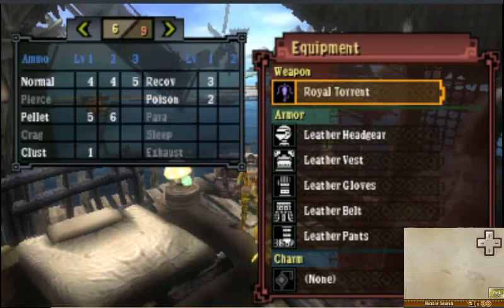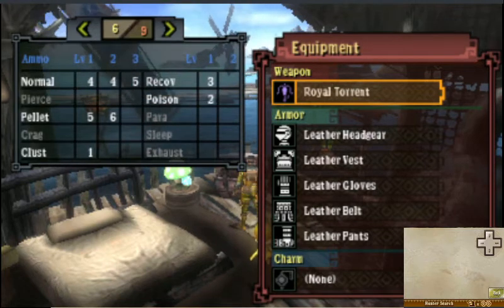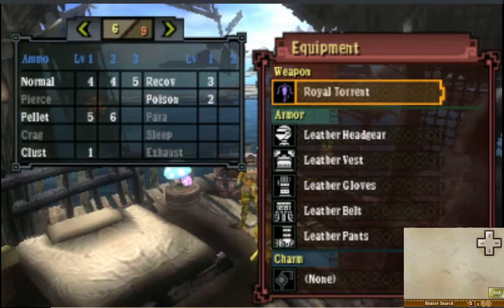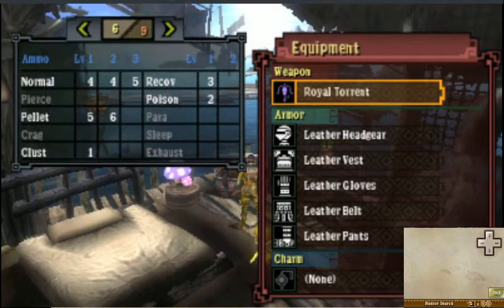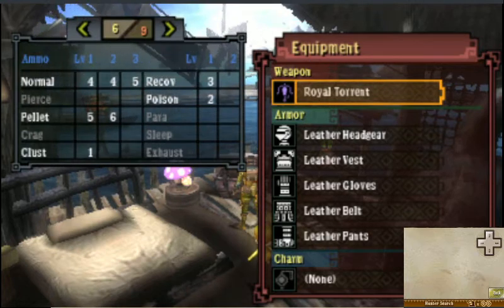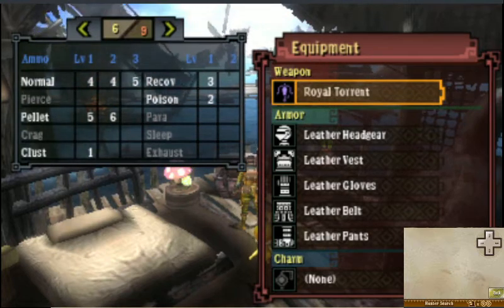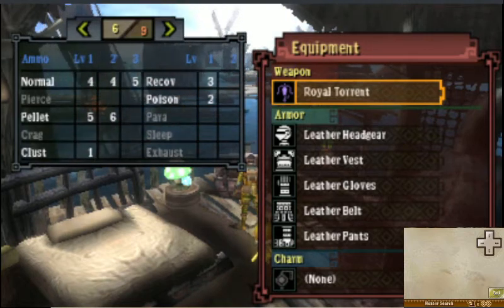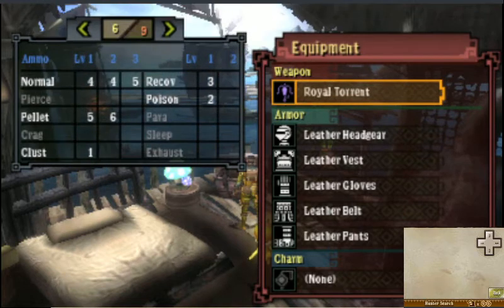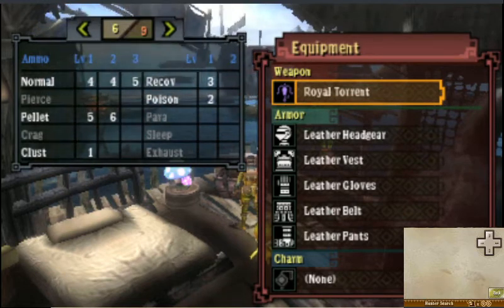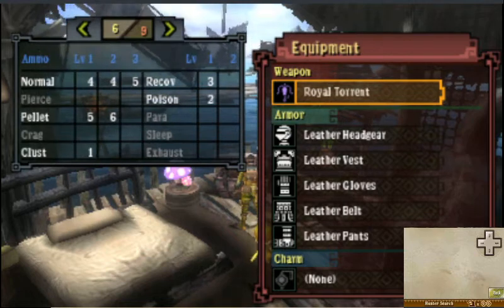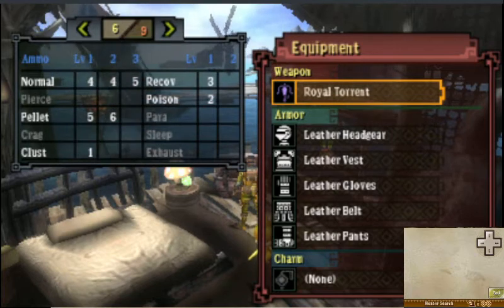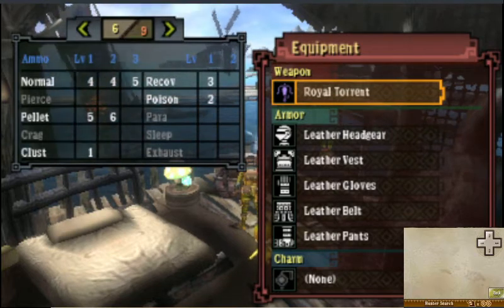Right, so that is the important information that is found on the first page, and you can skip to page 6. Pages 6 and 7 tell you the type of ammunition that your bowgun is able to equip. Every bowgun can only equip certain types of ammunition. For example, on page 6, I know that the Royal Torrent will be able to equip normal ammo of level 1, level 2, and level 3.